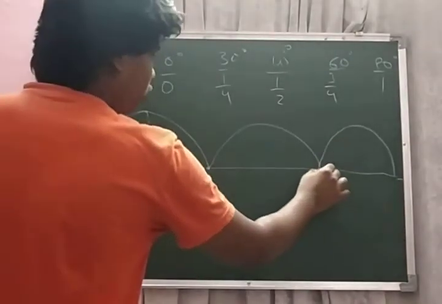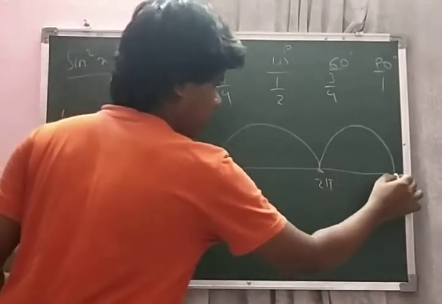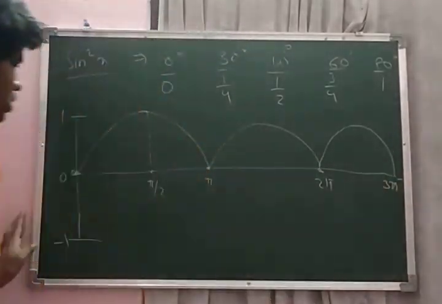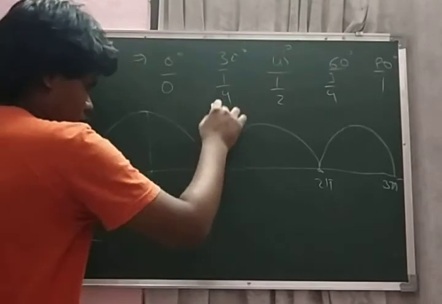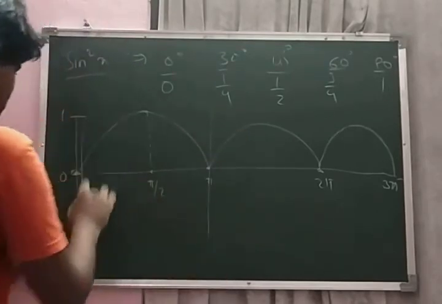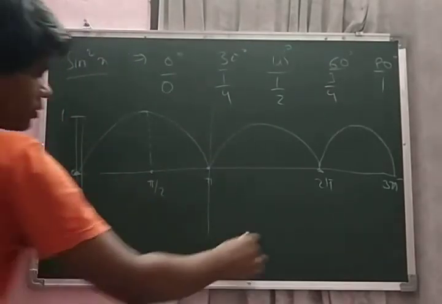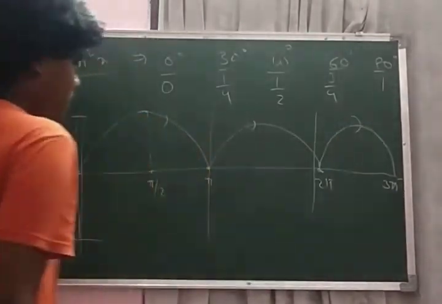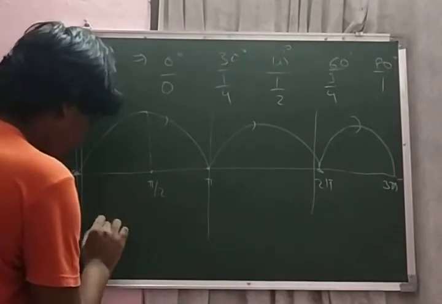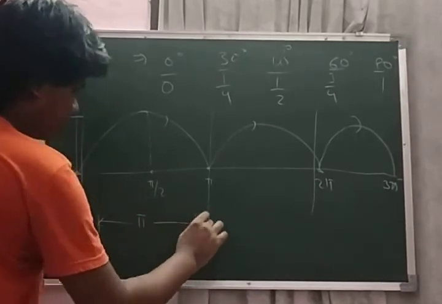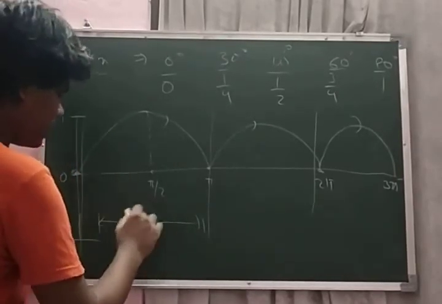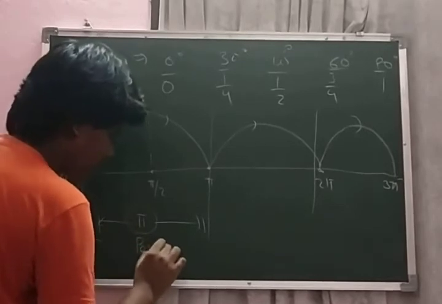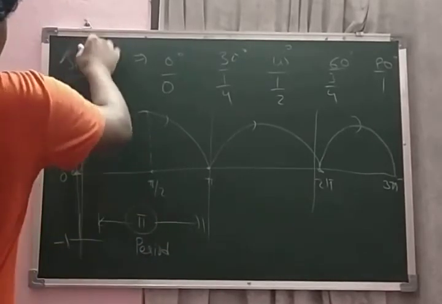So here 2 pi and here 3 pi. So like that it continues. Up to here the graph is the same and from here onwards it repeats. The graph repeats, right? So now it is pi. So the period of sin square x is pi.